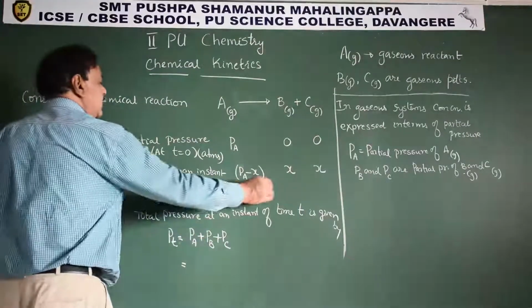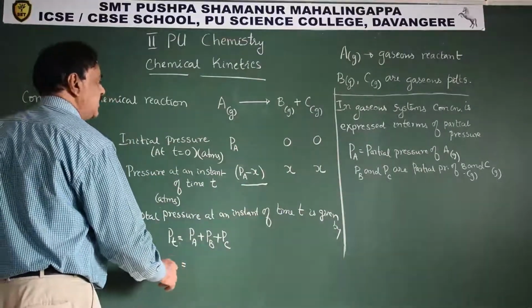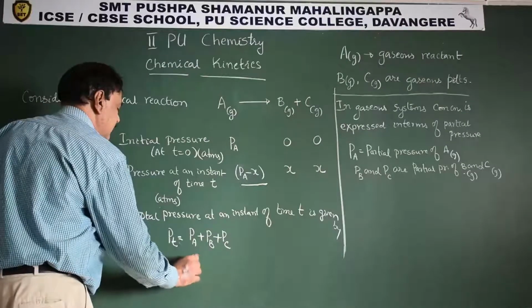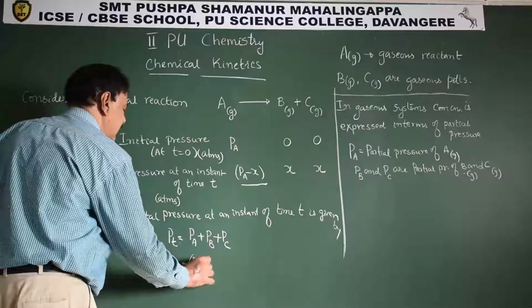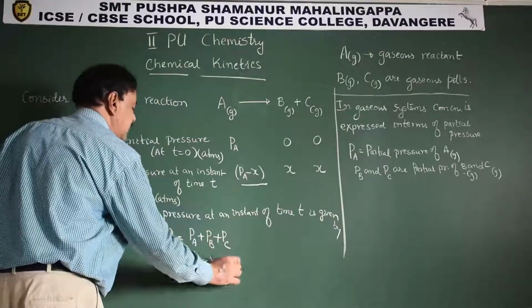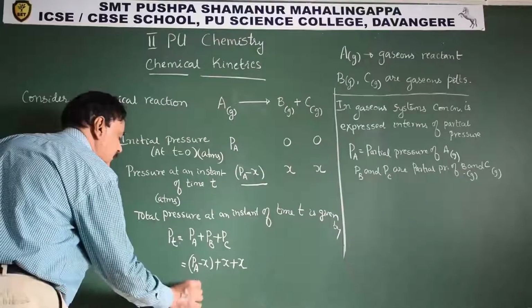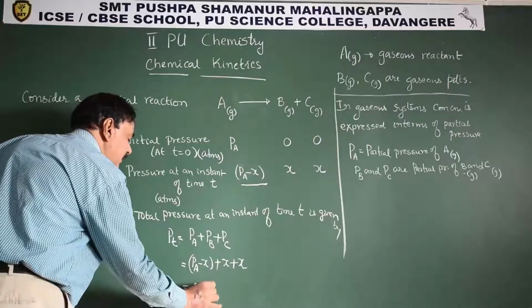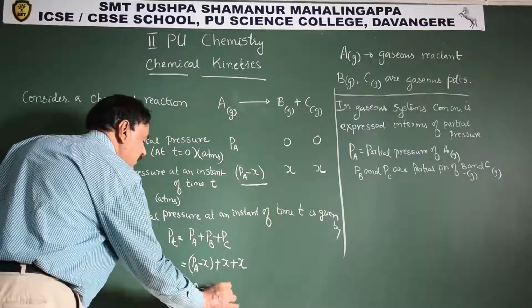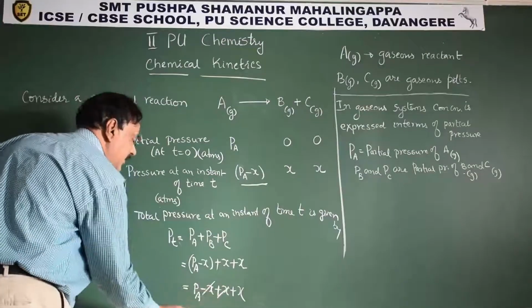That is PA minus x. What is PB? That is x. What is PC? That is x. This is PA minus x plus x plus x. Minus x and plus x get cancelled.